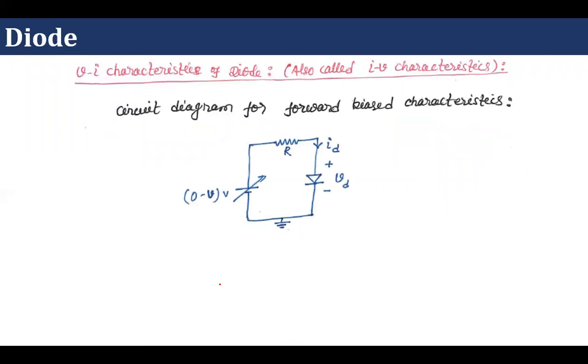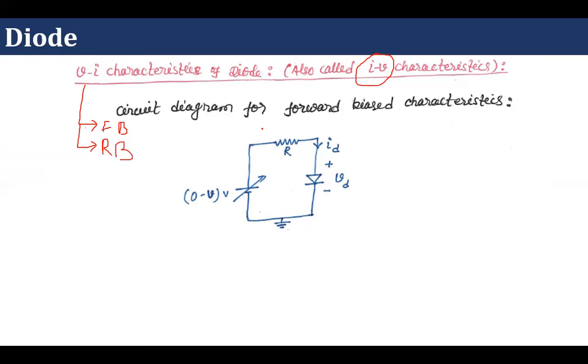Now we'll go through the VI characteristic, which is also known as IV characteristic of the diode. We have two types of IV characteristic. One is known as forward bias characteristic, another is known as reverse bias characteristic. So one by one we'll go through it.